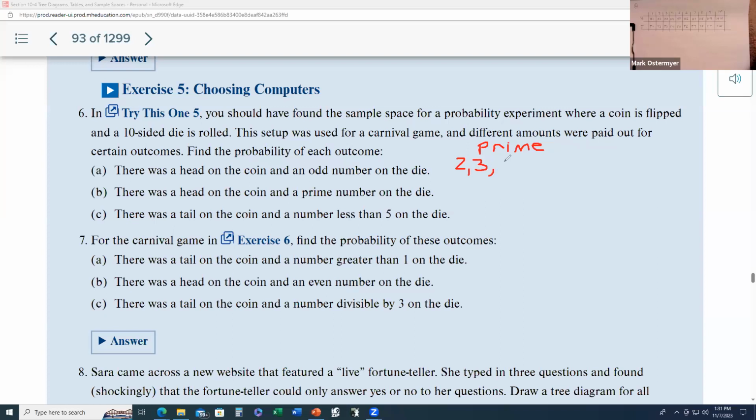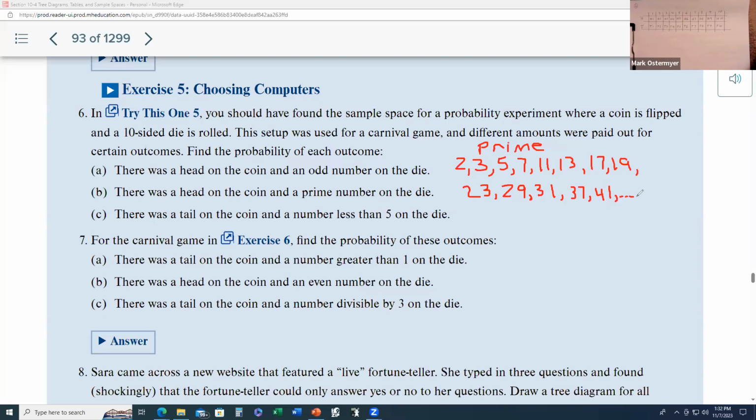All these numbers I'm listing are only divisible by 1 and themselves.